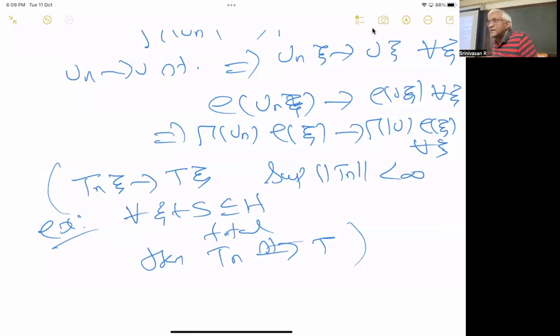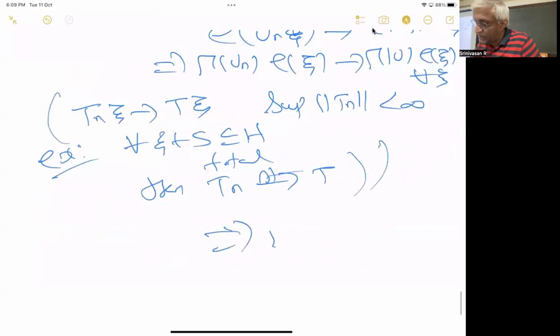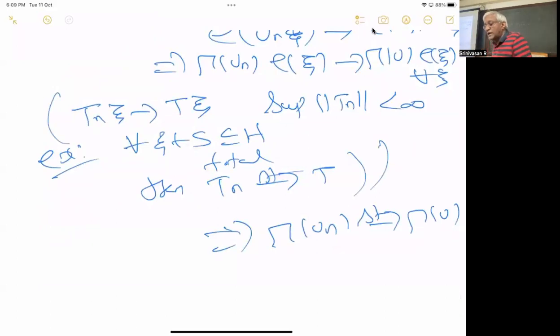So it's enough for a uniformly bounded sequence to have it happen on a total set. Here it is happening for U_n on a total set, so that will imply that gamma(U_n) will converge to gamma(U) strongly. So if U_n converges to U strongly, gamma(U_n) converges to gamma(U) strongly. So this map U going to gamma(U) is strongly continuous.